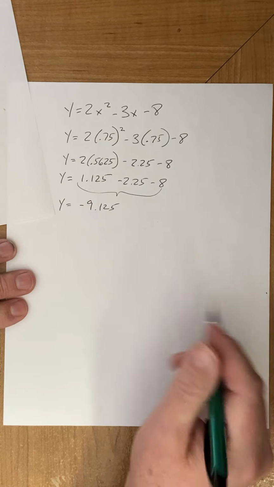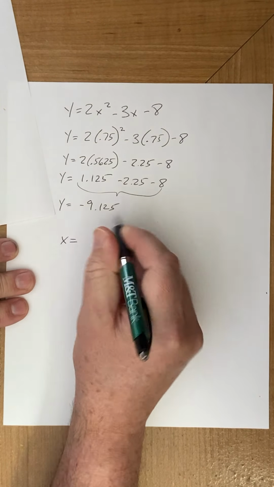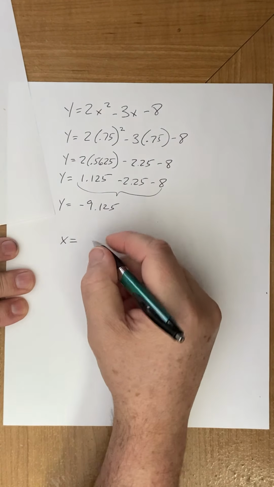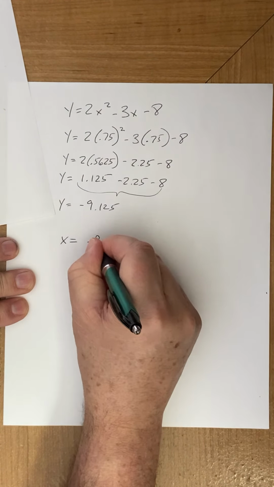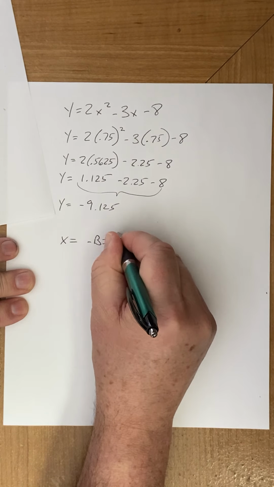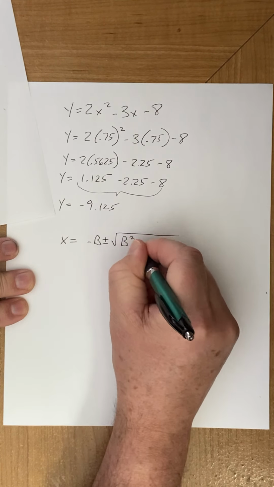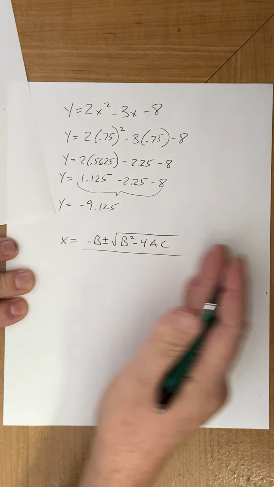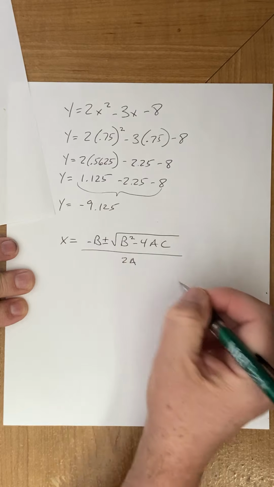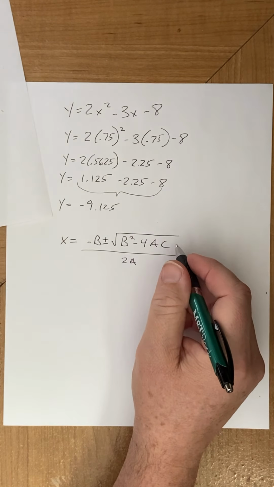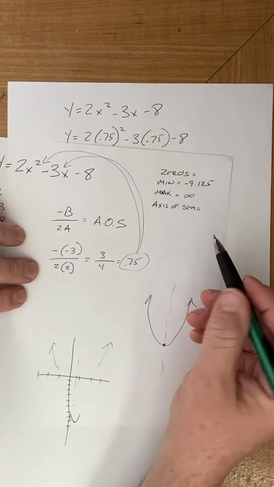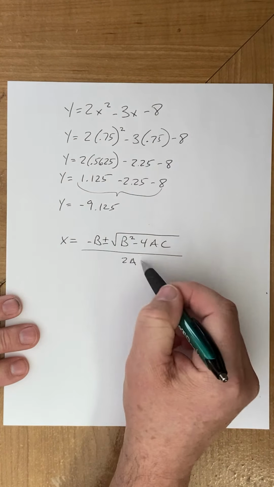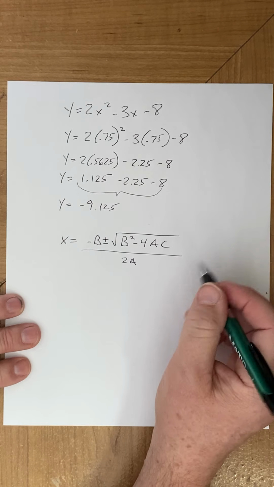The quadratic formula is x equals negative b plus or minus the square root of b squared minus 4ac, that whole thing, over 2a. And if you look at that axis of symmetry formula, negative b over 2a, it is a component of the quadratic formula. Here's your negative b, here's your 2a.